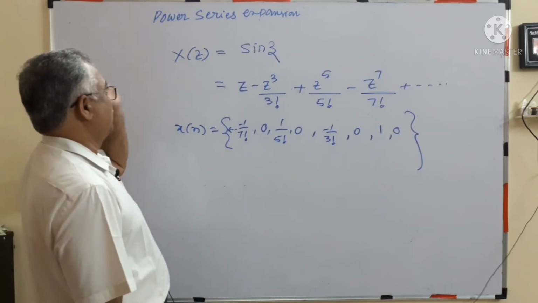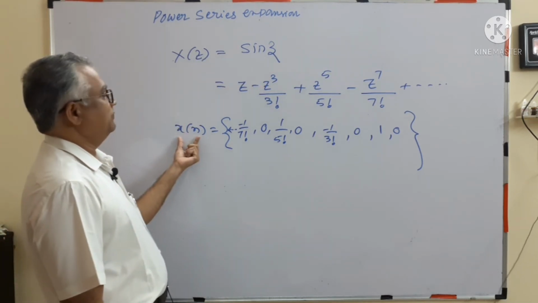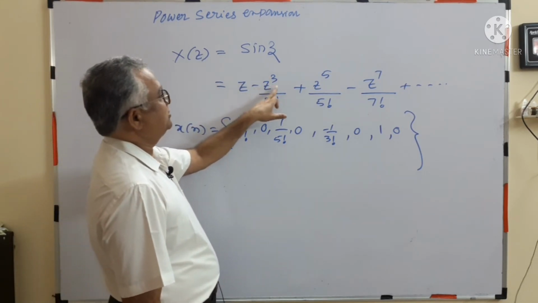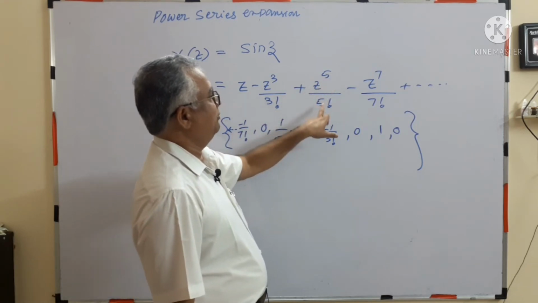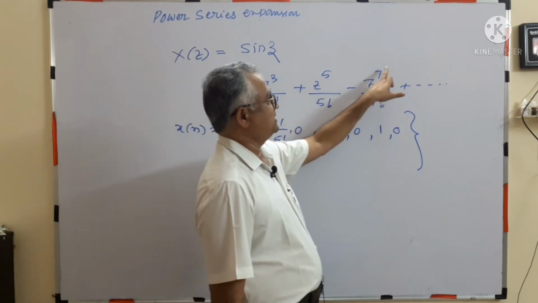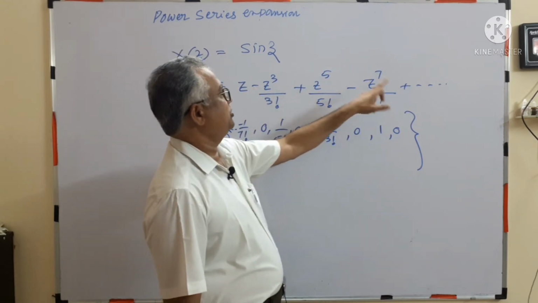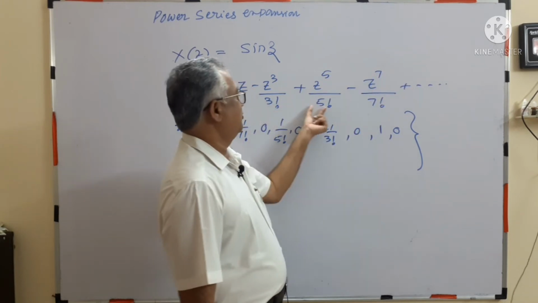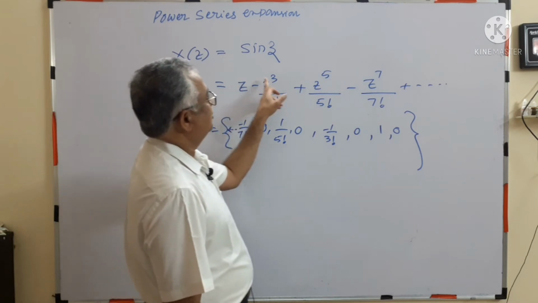So this is another problem. X of z is sin z. Find x of n. But this sin z is z minus z power 3 by 3 factorial plus z power 5 by 5 factorial minus z power 7 by 7 factorial. Minus plus minus changing, 3, 5, 7, 9, denominator factorials. But here it is expressed in positive powers of z.